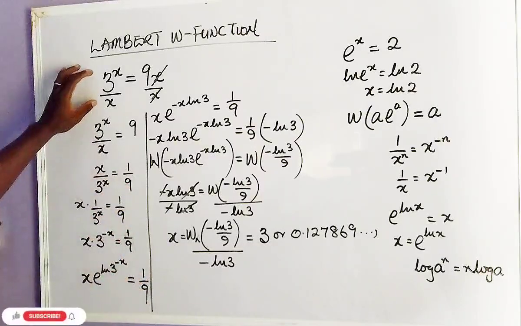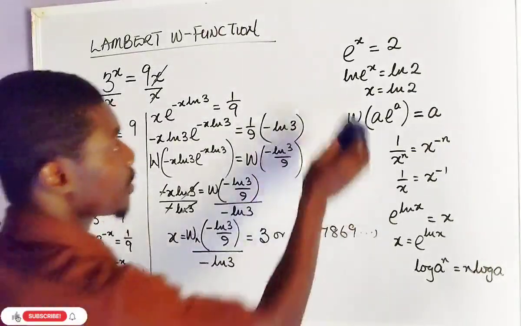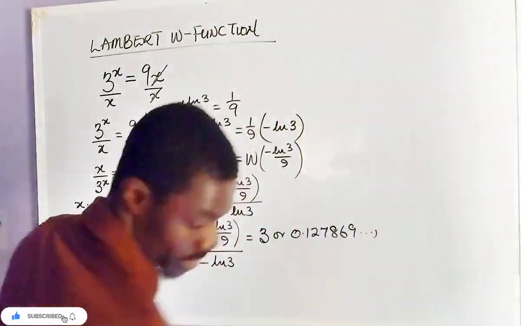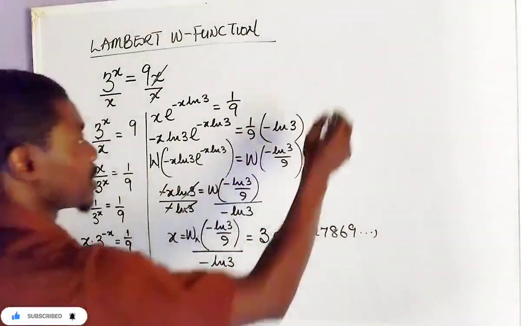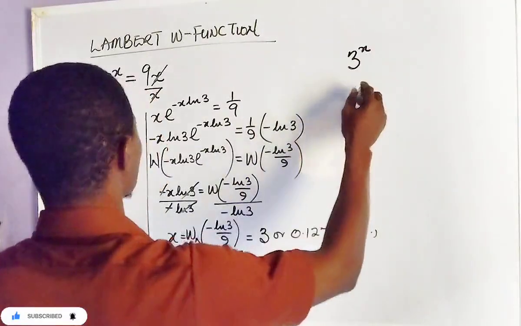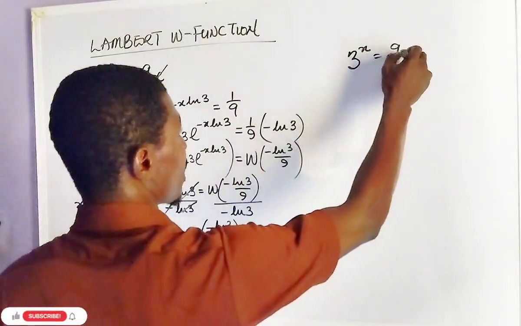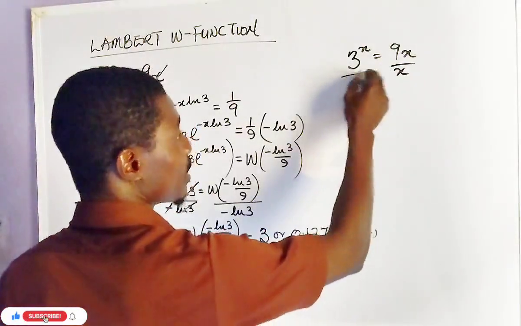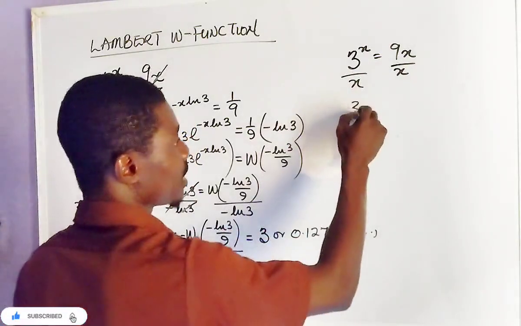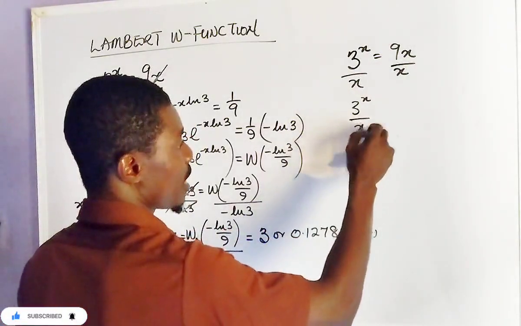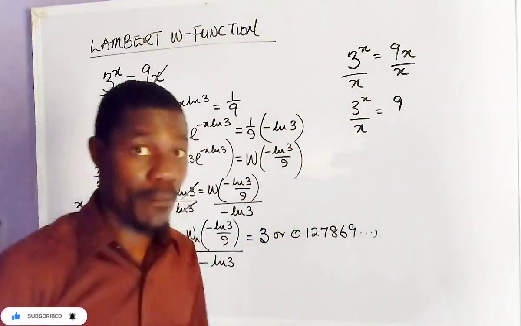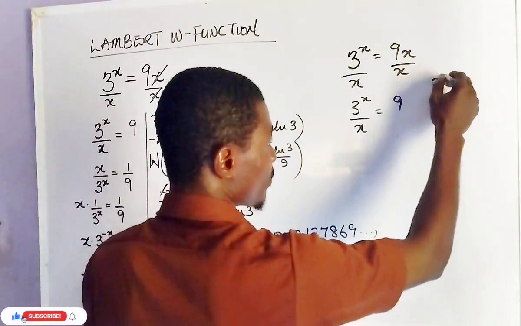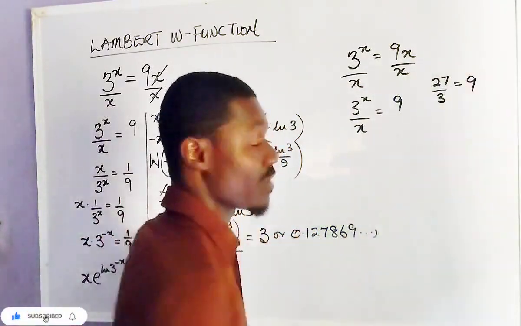But logically, if you take a look at it, the answer seems to be, or is rather, 3. That is, if you have 3^x = 9x, okay, so if you divide both sides by x, you get 3^x all over x equals 9. By means of manipulation, we can say that 27 all over 3 is the same thing as 9, right?